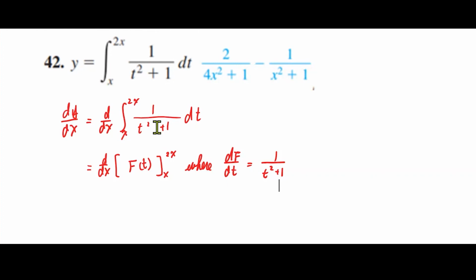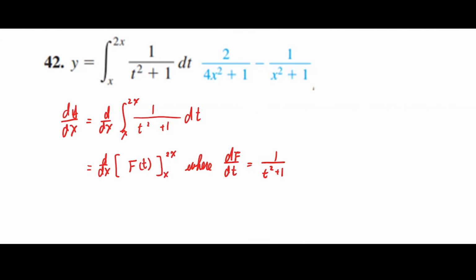Oh, by the way, this antiderivative does exist. It happens to be inverse tangent. I know you don't recognize it because I told you not to memorize any of those formulas, so you should not recognize it. I'm going to teach you how to figure that out in chapter 6. There's a whole section on it, so wait until then. But we'll just call it F, okay?